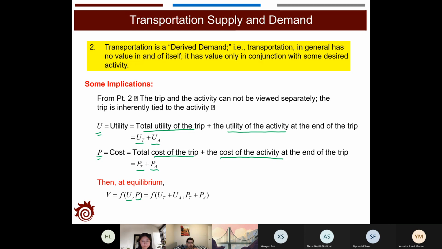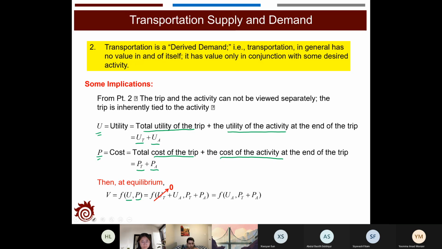But based on our assumption that the transportation is the derived demand, the transportation itself does not have any utility. So usually we assume that UT is 0.